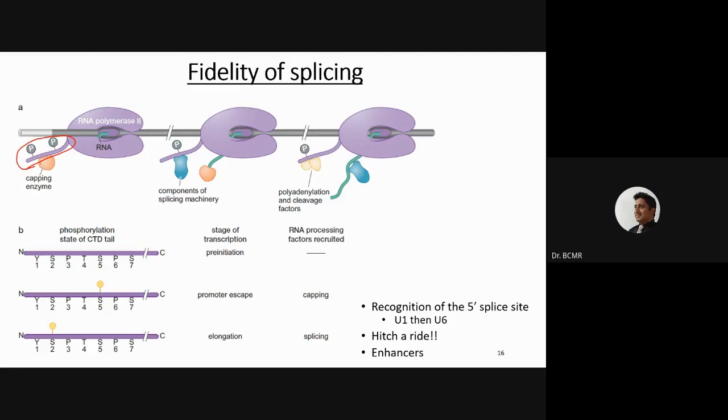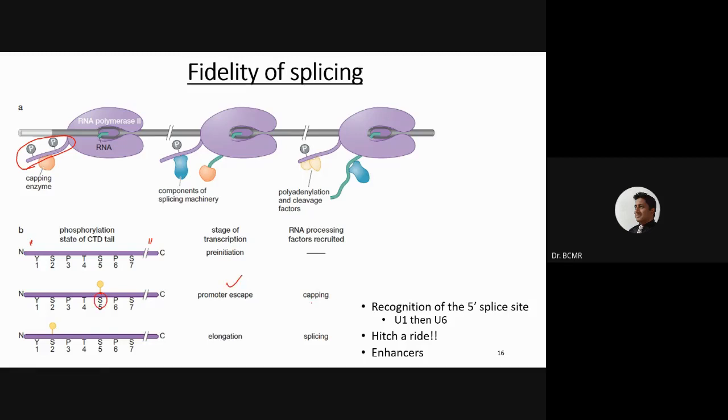It has several repeated sequences, and they can be modified by phosphorylation. The modification tells something. If this serine is phosphorylated, promoter escape will happen.